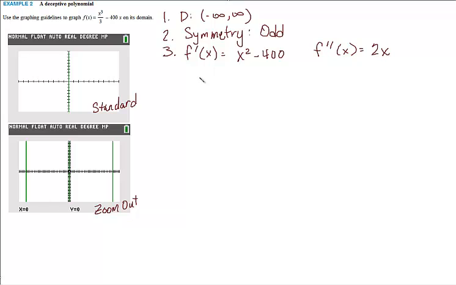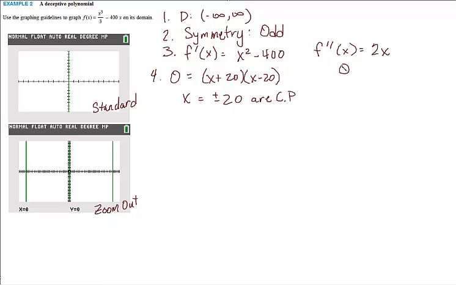Okay, so I found those. I need to find possible critical points and points of inflection, so set each one of these equal to 0 and see if I have any places where it fails to exist. This thing factors into x plus 20, x minus 20. Therefore I know that x equals plus or minus 20 are critical points.